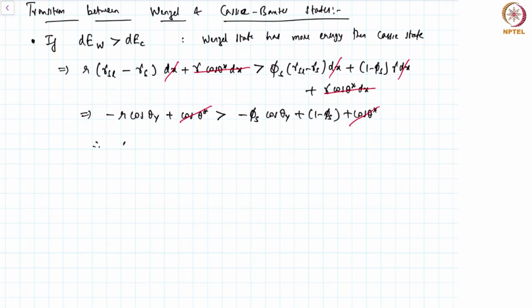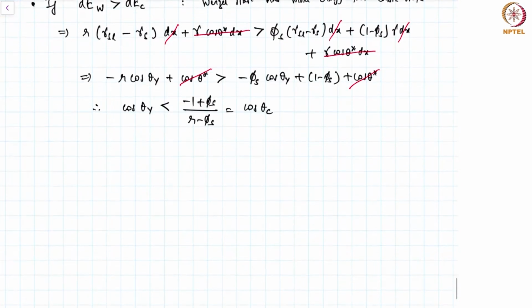Therefore cosine of theta y will be less than minus (1 minus phi s) by (r minus phi s). Let's call this cosine of theta c. So theta c is a transition value, or a critical value.